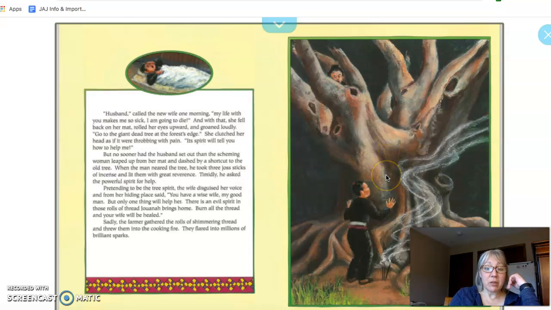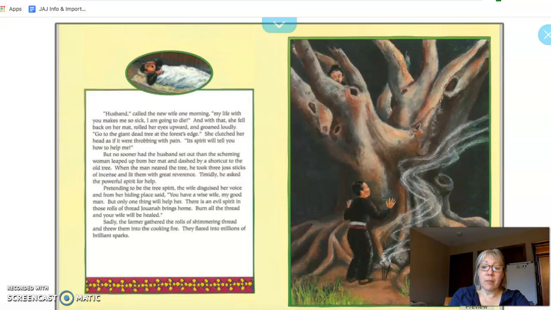It could be magical because there's a tree. They burn incense. Sometimes that makes me think of magic. He turned his wife into a cow. That is magic. So one of the moods that I think the story has is that it's magical.